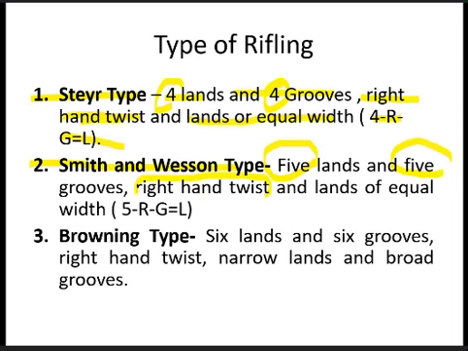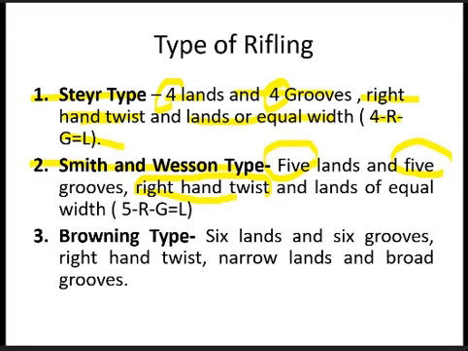The twisting also has something to do with gyroscopic stability, because the twisting depends on how the lands and grooves are manufactured, either right hand or left hand twist. Smith and Wesson: 5 lands, 5 grooves, right hand twist.